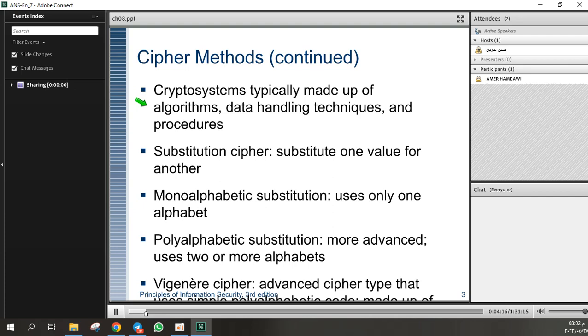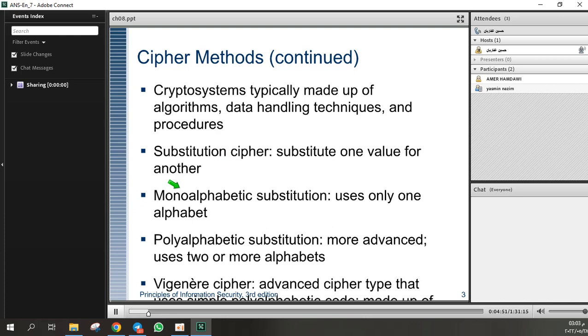So those algorithms have some procedures for encryption and decryption. The simplest form of a cipher is substitution cipher. In substitution cipher, we have a list of characters, of words, and each character would be substituted, would be replaced with another character, with another value.